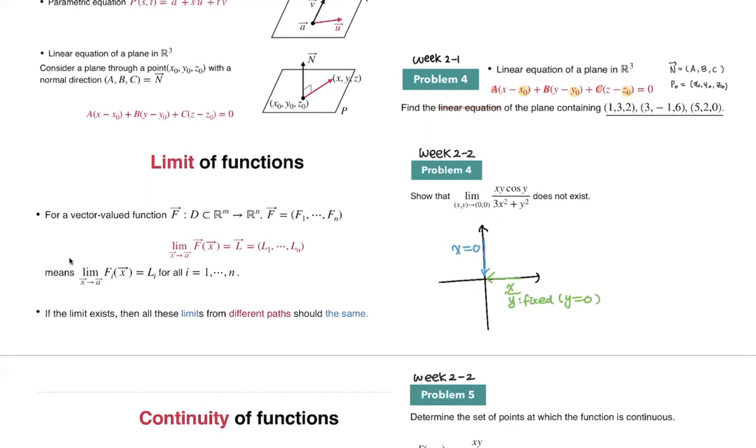And there will be the case like this path x equal to y. So in this problem, we check the limit of these curves, these paths, which are converging to our given point 0, 0, and we compare the limits, and we can see that the limits are different, so this limit does not exist. Okay.